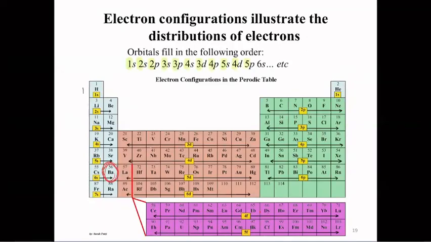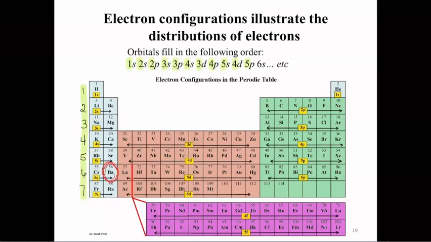So this is period 1, period 2, period 3, period 4, 5, 6, 7. The largest number that we can find before the letters S, P, D, or F could be up to 7. There are some orbitals where we don't get up to 7 just because we haven't discovered elements there yet, okay? So again, that value that I highlighted in green refers to the period in the periodic table.